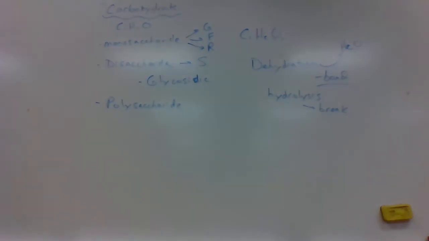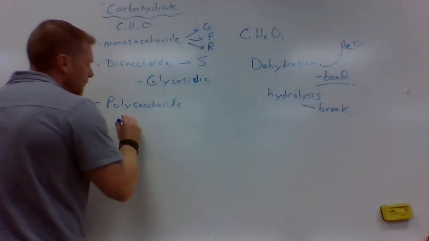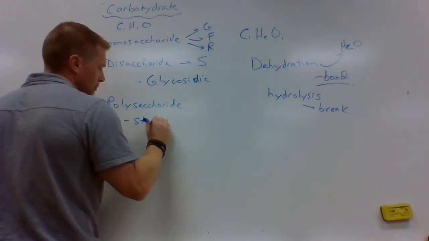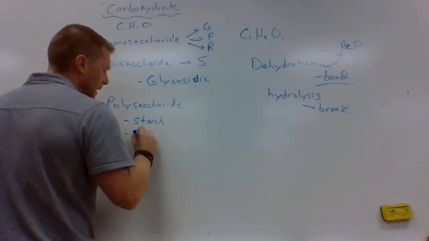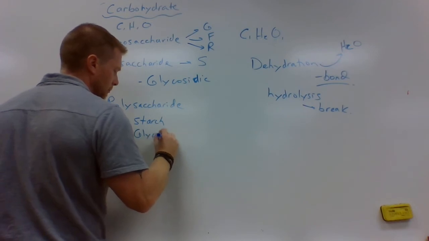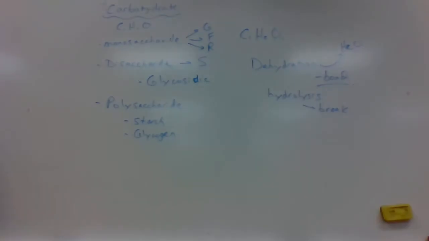There are many different polysaccharides that we talked about. You have starch. You have glycogen. Starch and glycogen are basically identical to each other. They're both used to store energy. But plants store energy as starch.